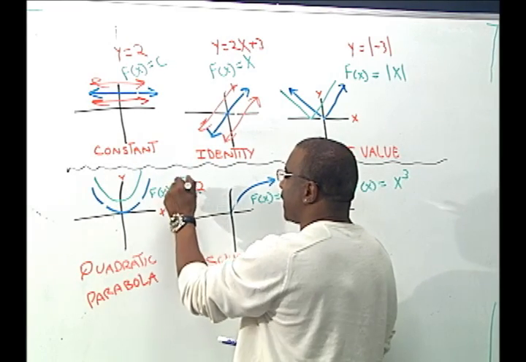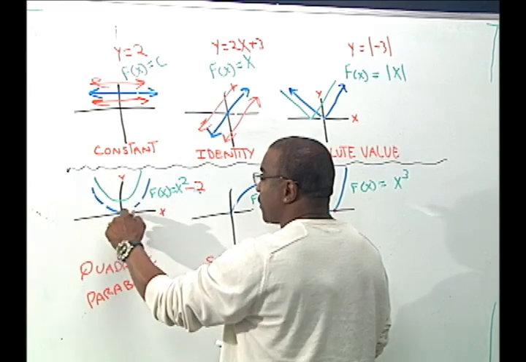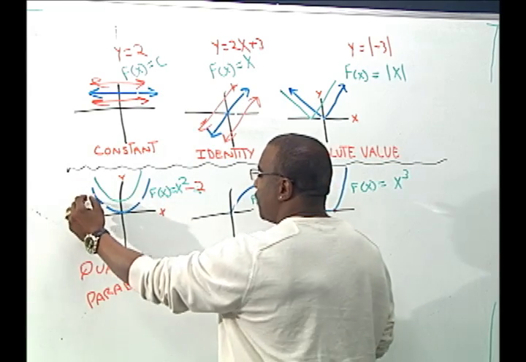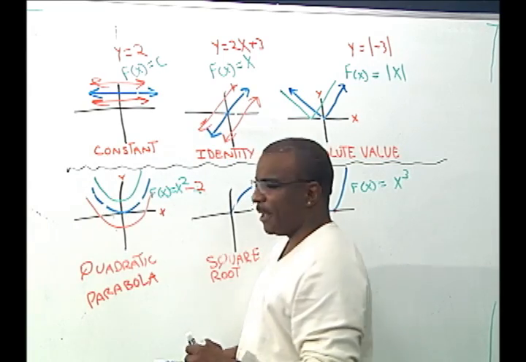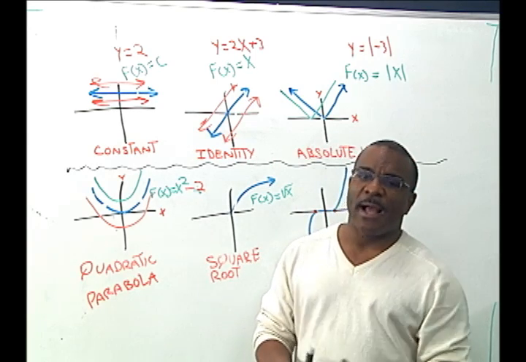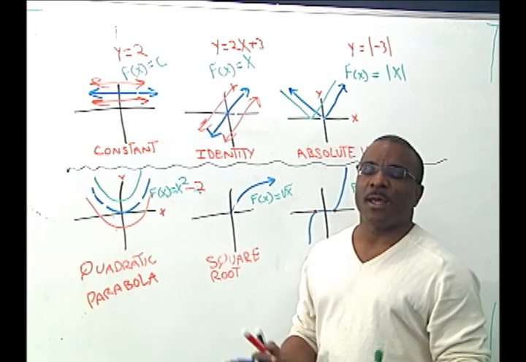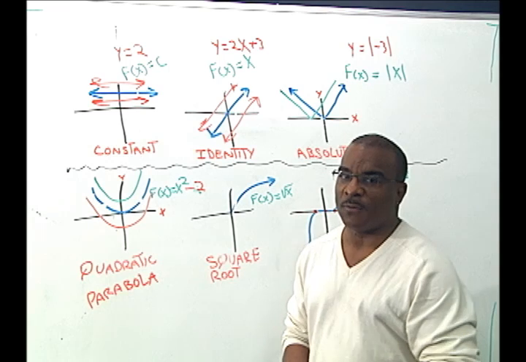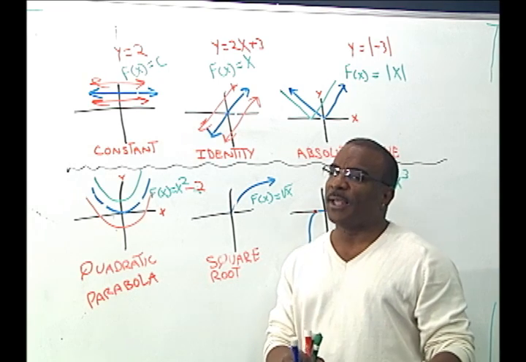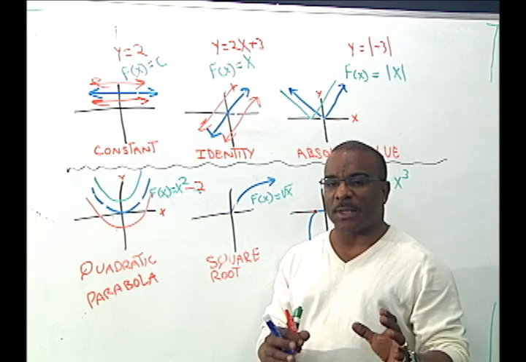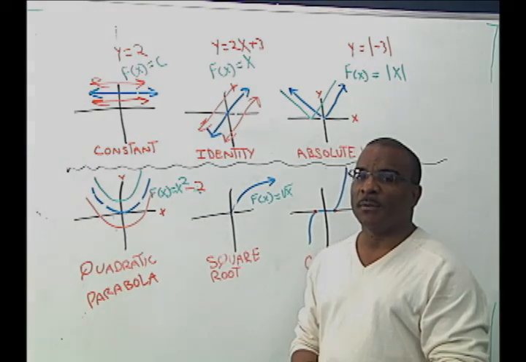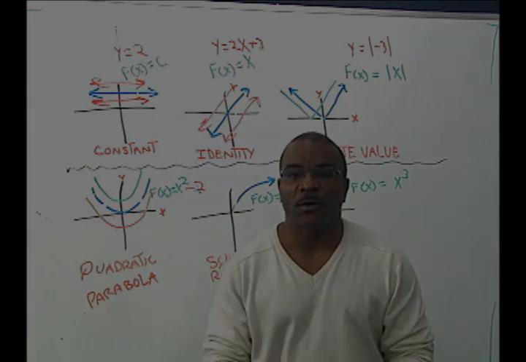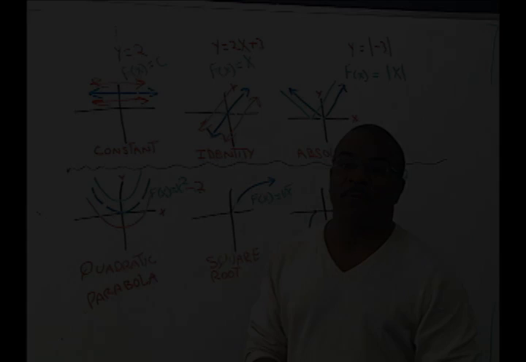If this was a negative, then you probably realize from its original f of x, it would move down like that. And that's what we're going to explore today: how do you determine which way it shifts and what are the rules that cause it to shift. They're pretty simple, easy techniques to understand once you get the idea of what these shifts are. So for that reason, let's go on and look at how we can get functions to shift.